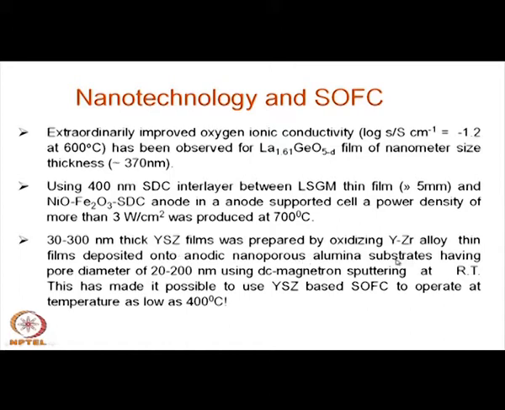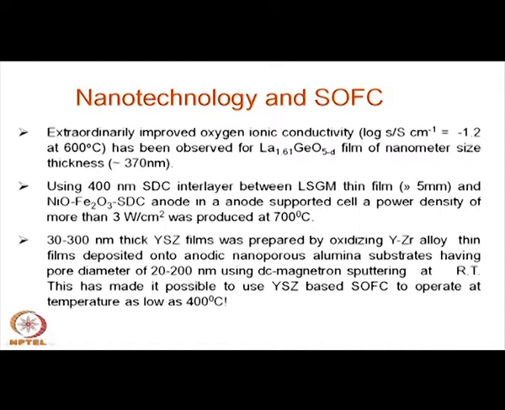Of course, this kind of film cannot be prepared just by powder metallurgy powder preparation techniques. One has to do something different, and that is why yttria zirconium alloy has been oxidized to form a very thin layer deposited onto anodic nanoporous alumina substrates having a pore diameter of about 20 to 200 nanometers.